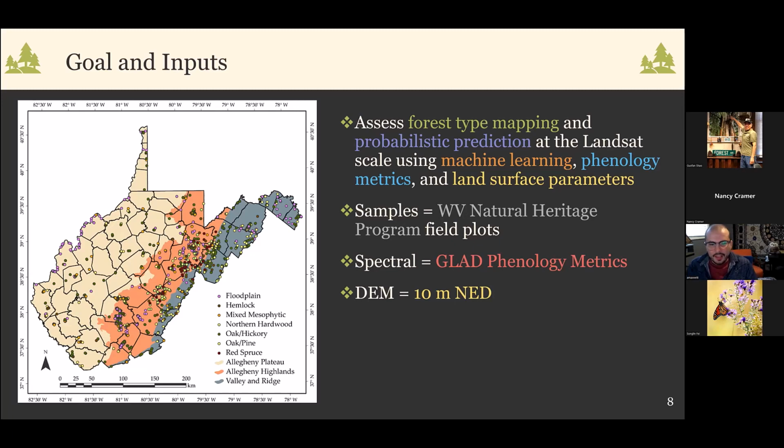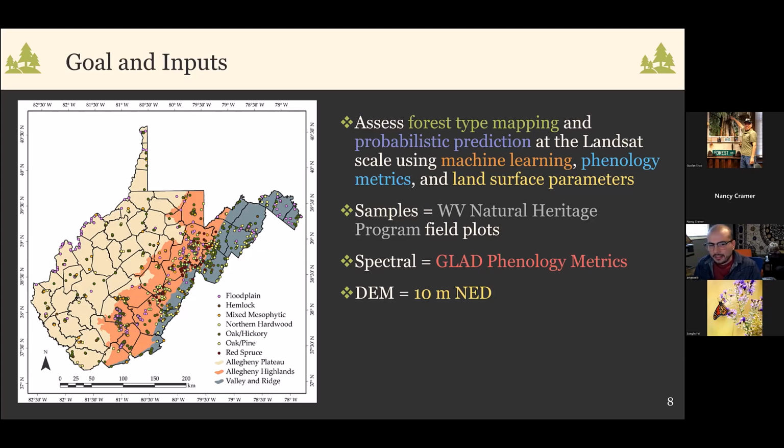Part of that is categorizing all of the stands or plots that they visit into broad forest community types. So that became our training data and validation data for this project. It was nice that that existed because we clearly couldn't have done it without it.